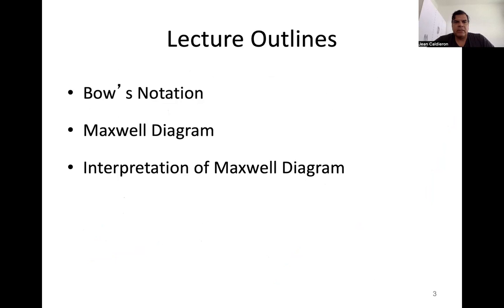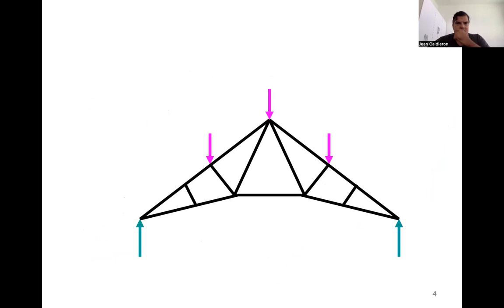Well, we will look a little bit at what the bow notation is, make the Maxwell diagram, and interpret the Maxwell diagram. We have here a truss that is made out of several members. As we can see, this truss has an element that is not triangular in this section.